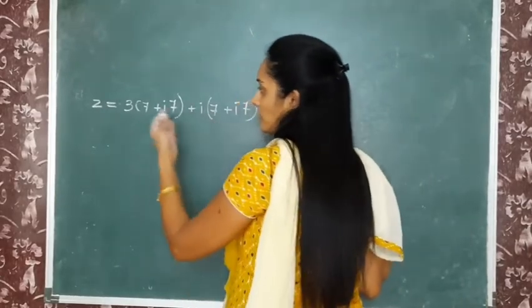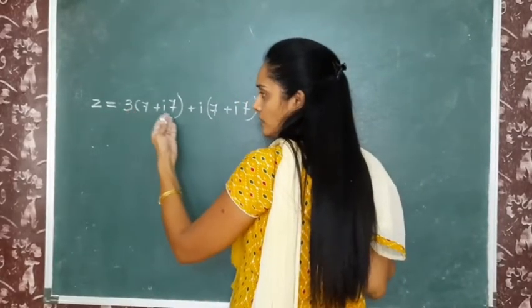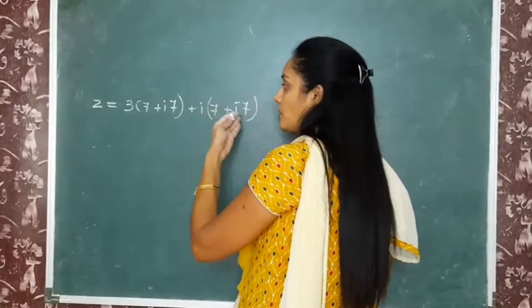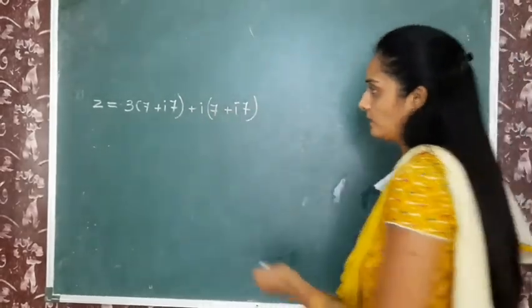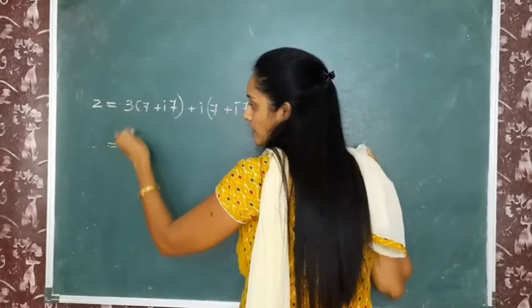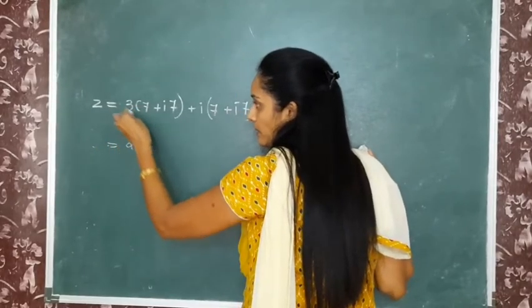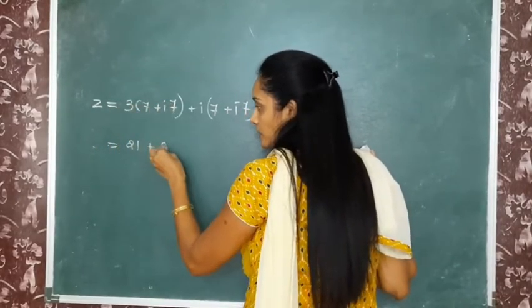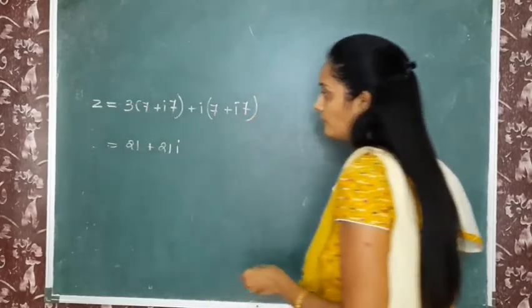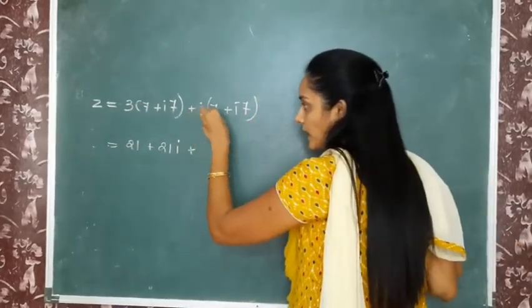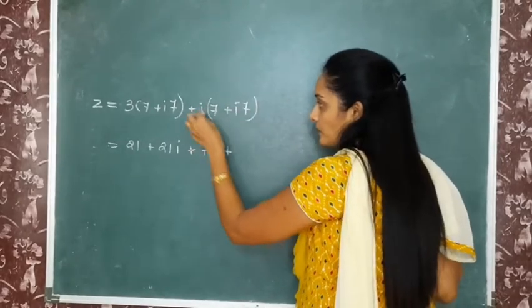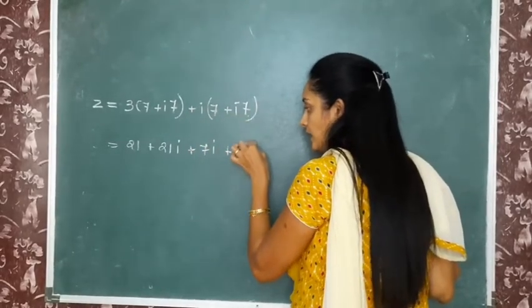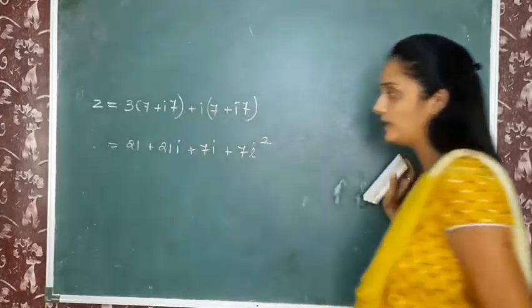Here just multiply 3 with the first bracket and i with the second bracket, and then we add. So 7 3s are 21, plus 7 3s are 21i, plus i into 7i, that is 7i into i, so i square.